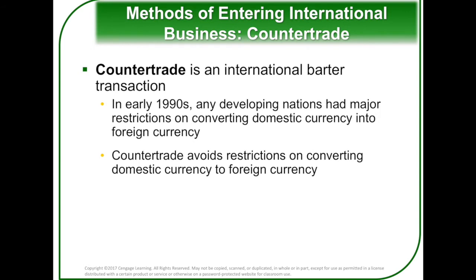Counter trade's a little bit different. It gets back to the old bartering system, but it's an international major bartering system. Back in the 90s, there was a problem with developing nations that had restrictions on converting their currency into foreign currency. Counter trade avoids that.